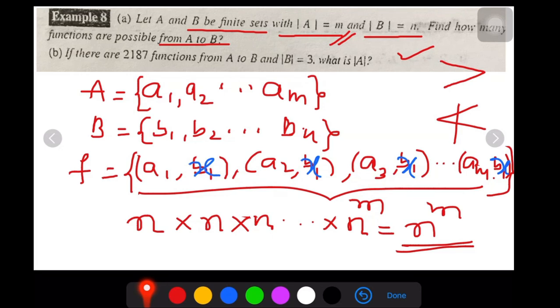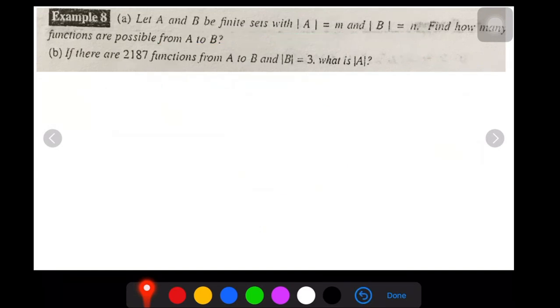So n choices into n choices, and this happens m number of times because the size of A is m. Therefore n to the power of m. I hope you understood. With that, we are moving on to the second sub question.